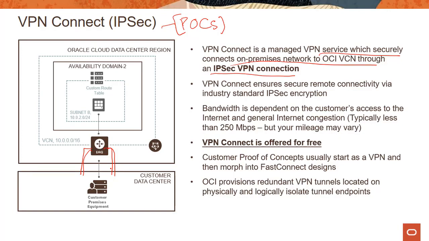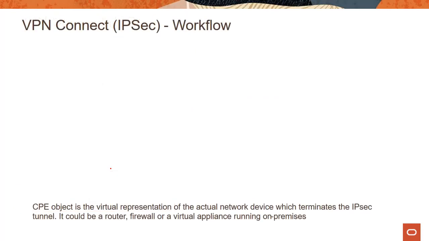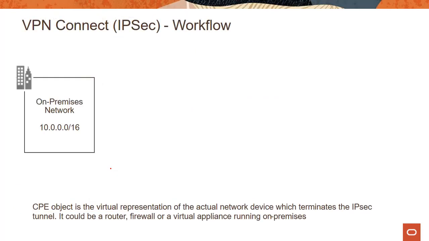The whole idea of having these redundant tunnels is that you get high availability, and we manage that on our side. It's our practice to give you two tunnels, and our recommendation is for you to use both tunnels. Now, when I go into the demo, I'll provision just one tunnel, just for the lack of time.